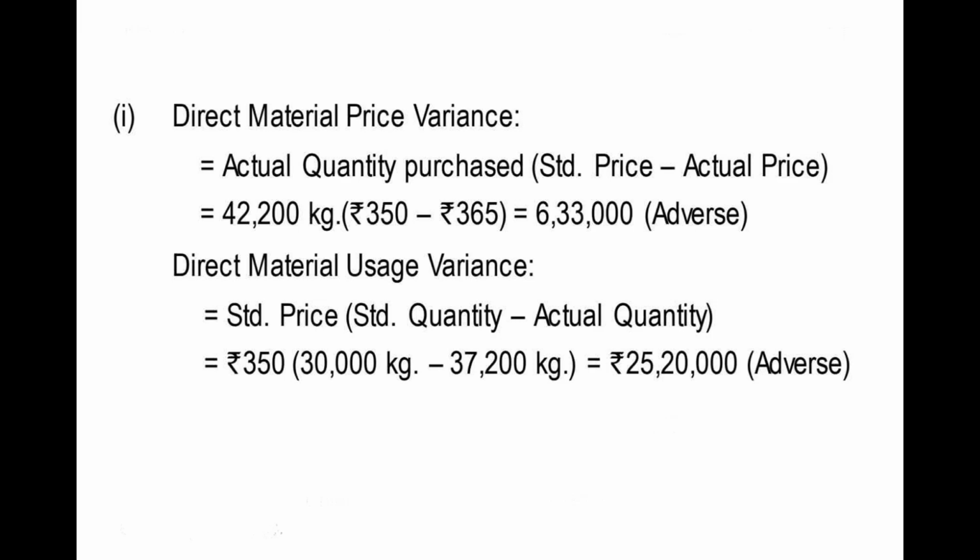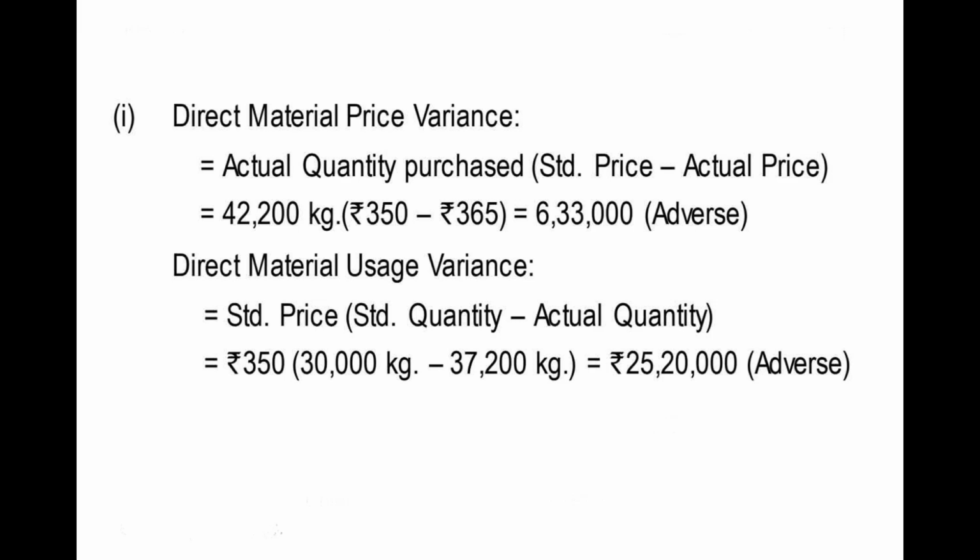1000 units we have completed as final product. Each and every unit required 30 kgs of raw material. So multiply 1000 units with 30 kgs, you will get 30,000 kgs. So the standard quantity required for actual production will be 30,000 kgs.